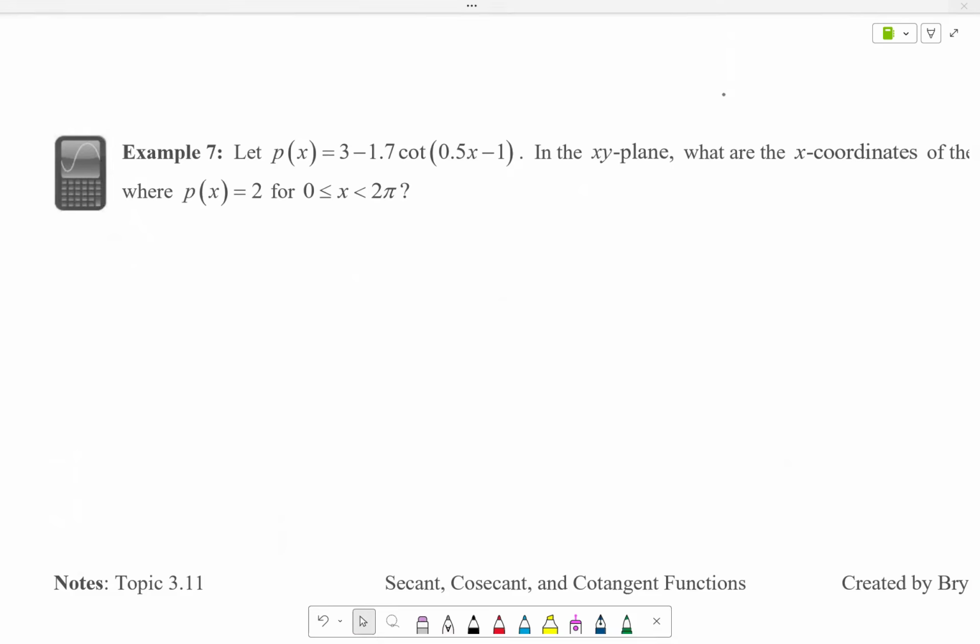You make it easy. So there's y equals 2. Now we just have to find the point of intersection. Should I use the trace button to do that? No, stay away from that trace button. We're gonna use second trace, and now intersect.